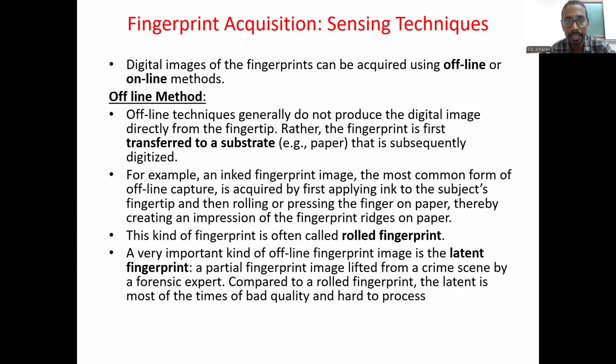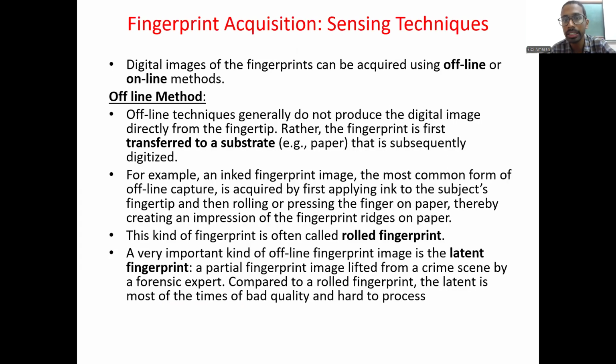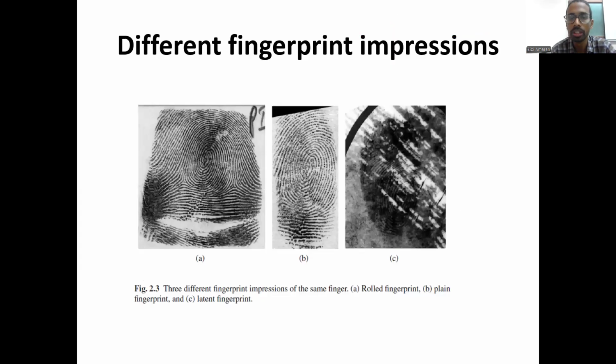The digital image is not taken directly from the fingerprint. Rather, the fingerprint is first transferred to a substrate, for example paper, that is subsequently digitalized. That's the inked fingerprint. We keep the fingerprint in the ink and apply it straight away on the paper. That is known as the rolled fingerprint, which comes under offline technology.